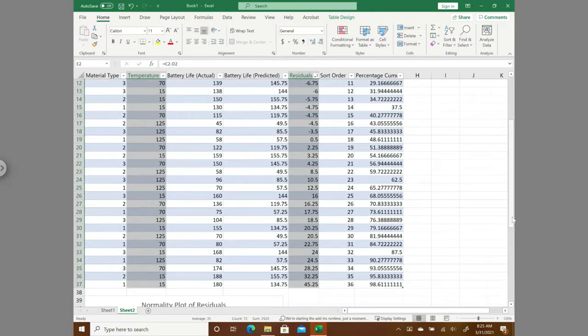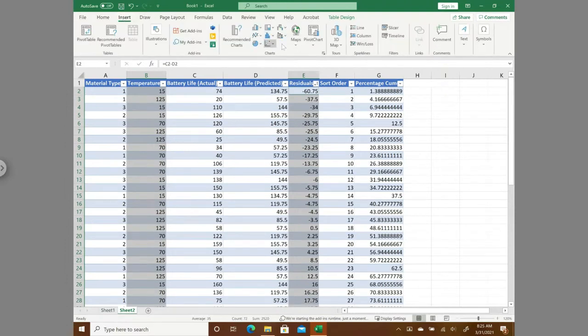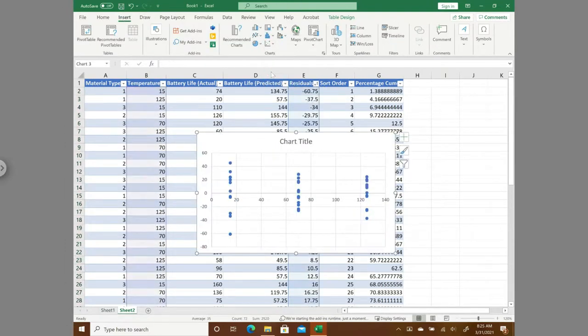Let's make a scatter plot of these two. There is some appearance of a funnel there, so we need to look into it, right? The variance of the residuals is higher on this side as compared to these two groups.